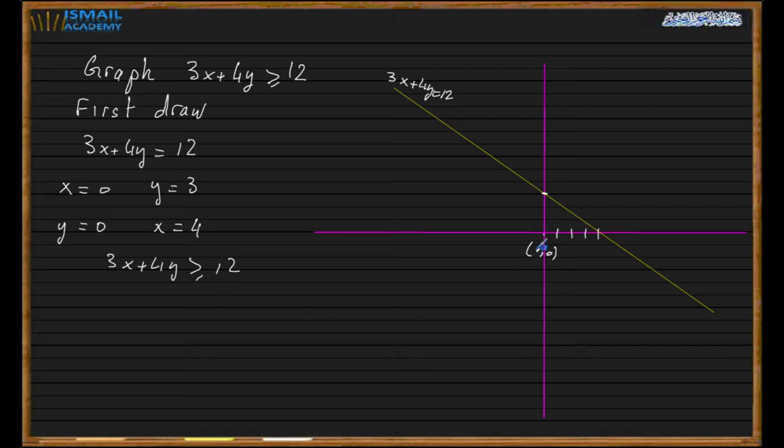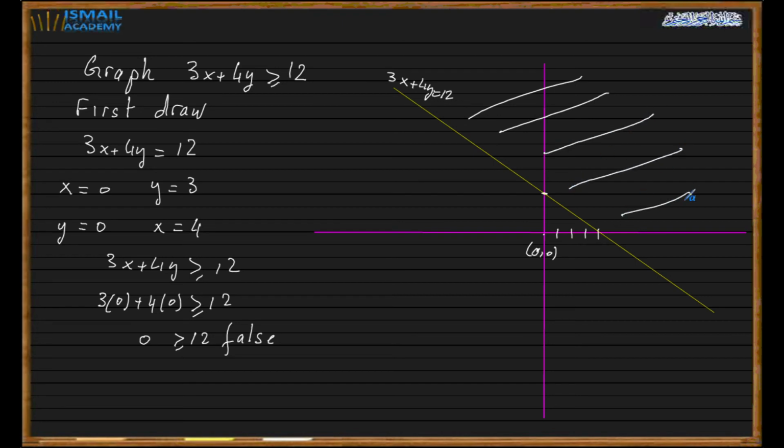If 0, 0 is part of the solution, we should end up having a true statement. So I have 3 times 0 plus 4 times 0 is greater than 12, which means 0 is greater than 12. So this is false. So I will shade the other area where the point 0, 0 is not located, which means I'm going to shade that part. And this is where the feasible solution is.